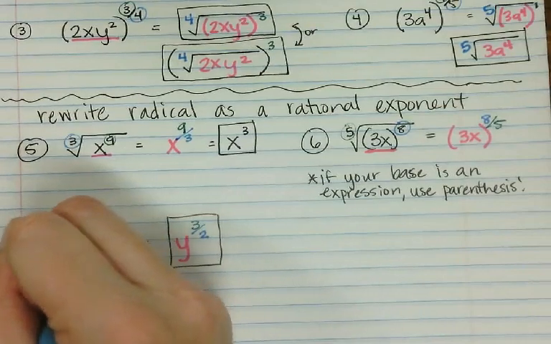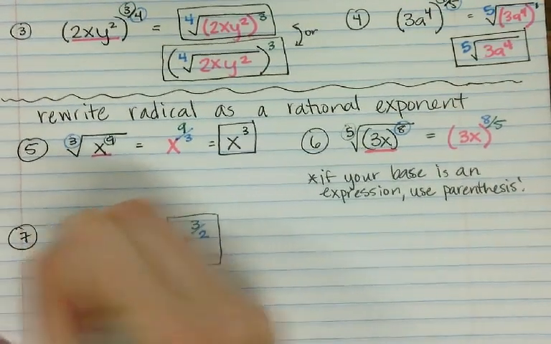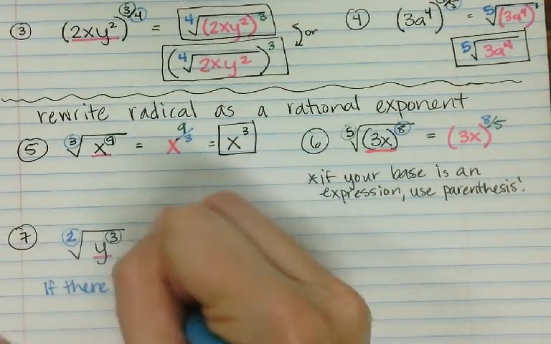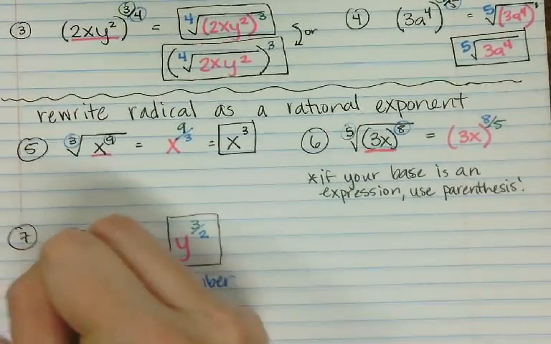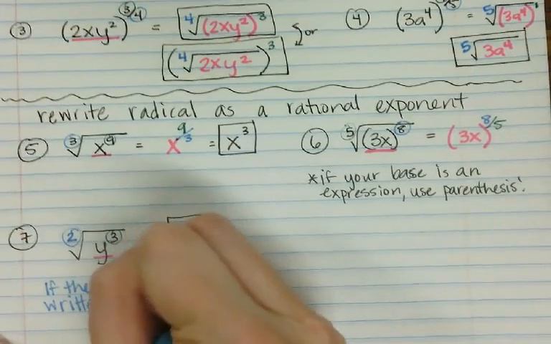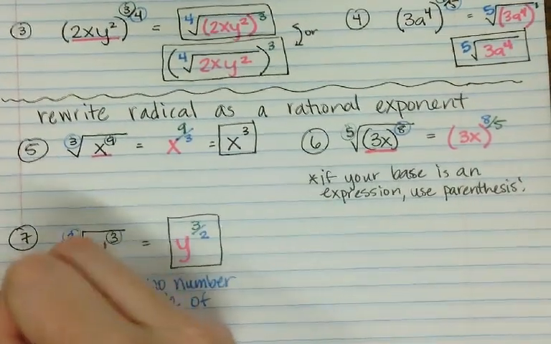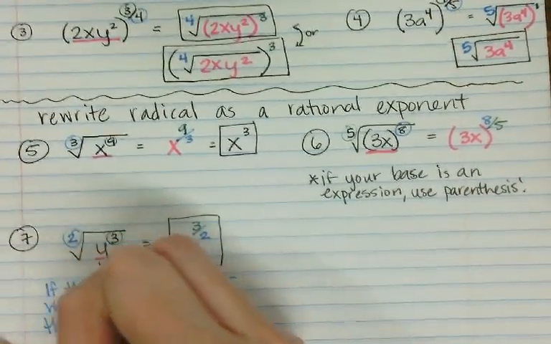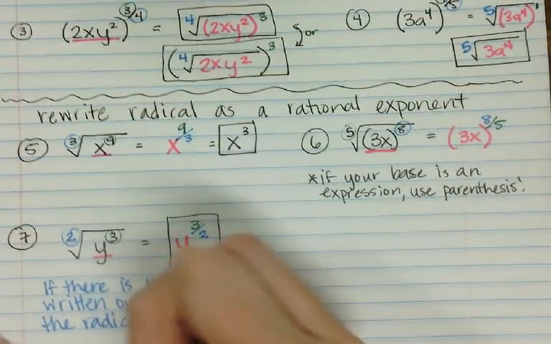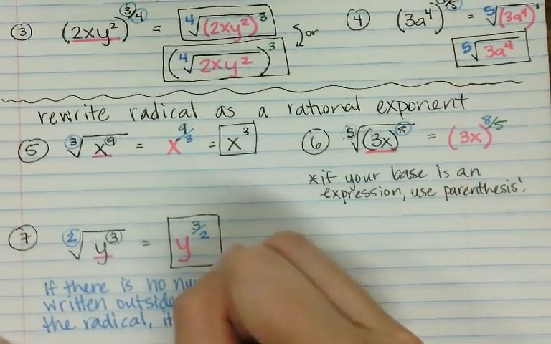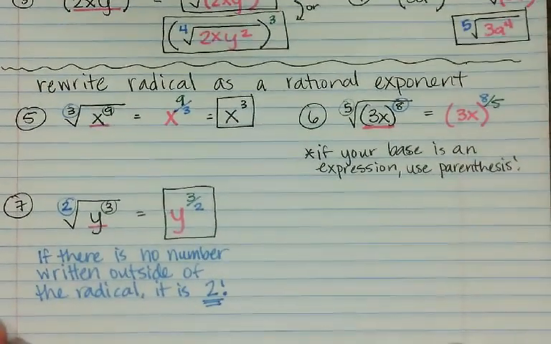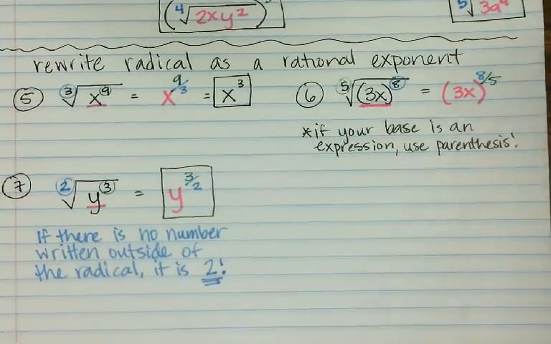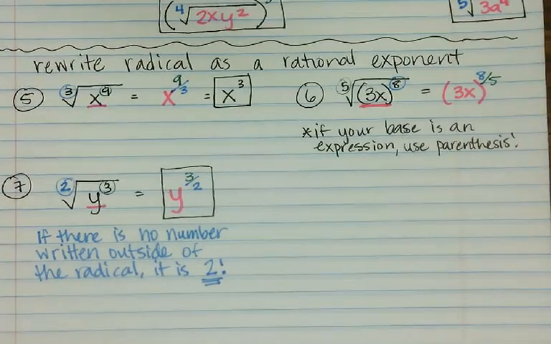So if there is no number written outside of the radical, it is 2. All right, guys? That is one of the only times that your invisible number is a 2 instead of a 1. Basically, every other time your invisible number is going to be a 1.